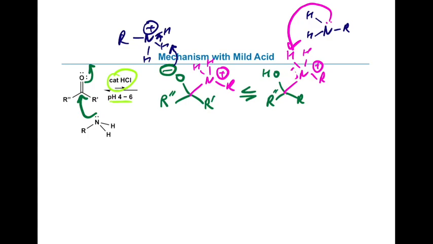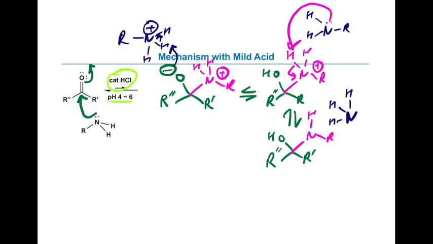We can pick off the proton that we need from this center. And that's going to give me my R double prime OH, and now NHR and R prime, where once again, just to complete the pieces, you've got your nitrogen now positively charged. So that becomes the charge carrier, or the catalyst carrier, for the next cycle.